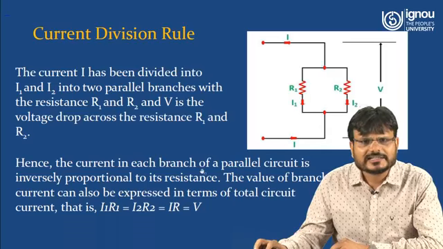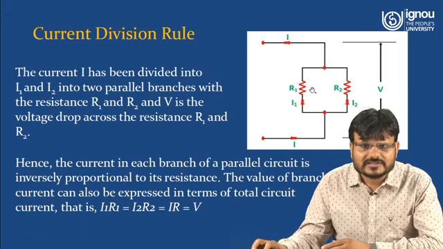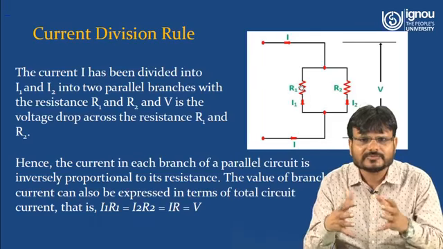Hence the current in each branch of the parallel circuit is inversely proportional to its resistance. The value of branch current can also be expressed in terms of the total circuit current. I1 into R1, that means the voltage across this branch, is equal to what? I1 into R1, because both are connected in parallel, so the voltage is the same.